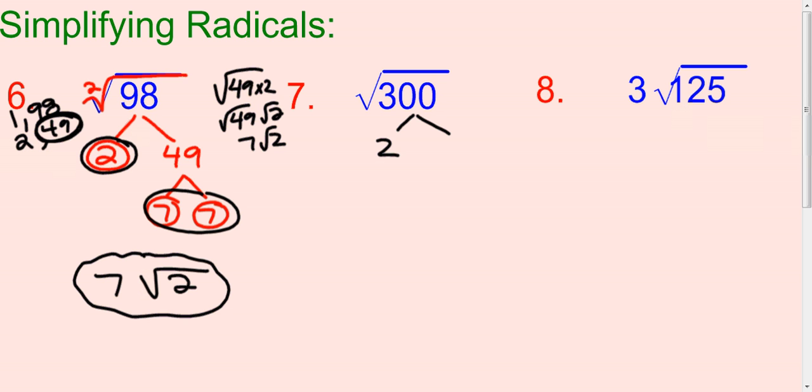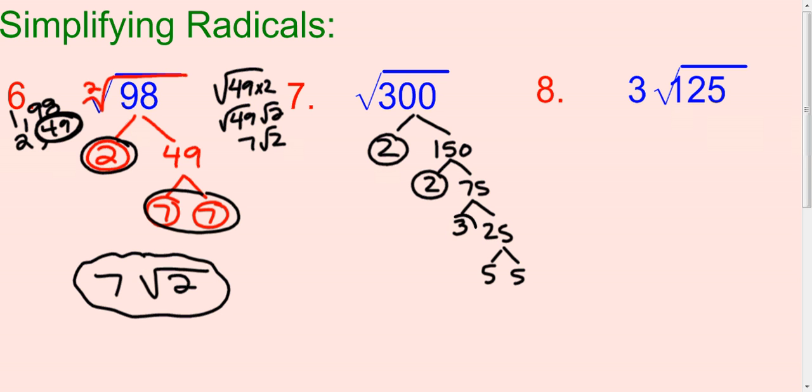So I could go 2 and 150, 2 and 75, 3 and 25, and then 5 and 5. Okay, so now my prime factors are 2, 2, 3, 5, and 5.